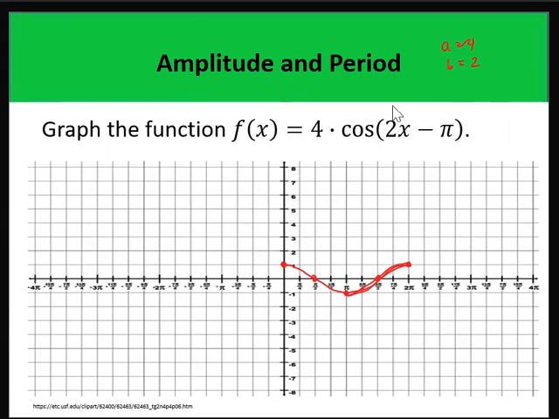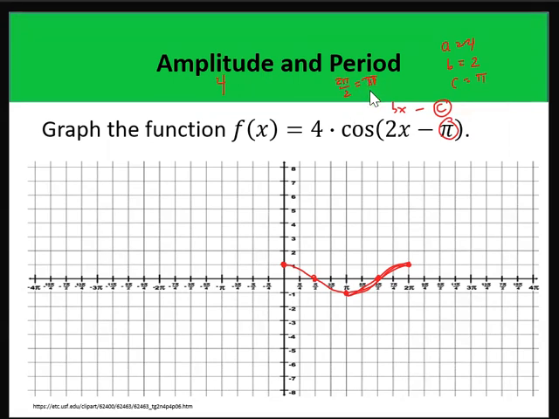Now, since this is bx minus c, the value of c is equal to 5. Now, in this case, the amplitude is 4, while the period is 2 pi over 2, which is pi.